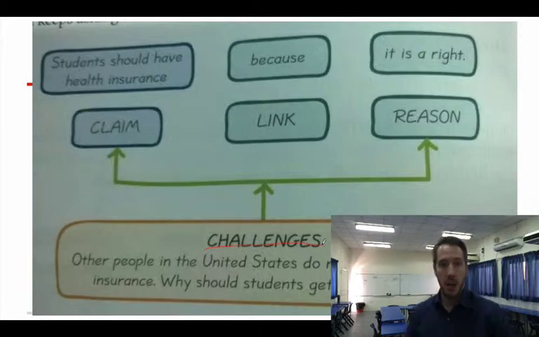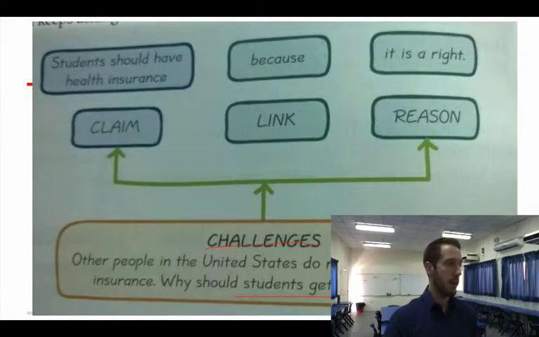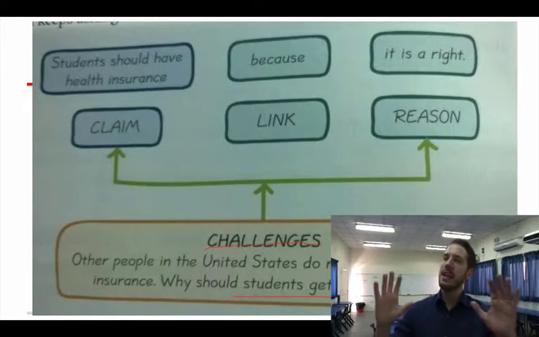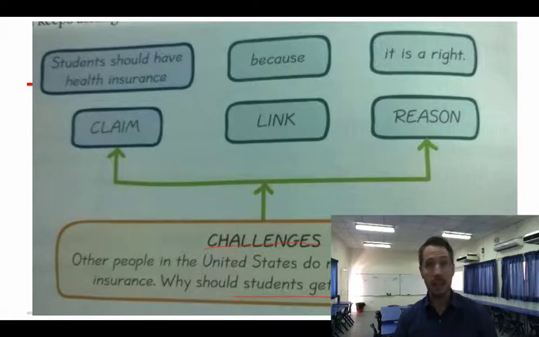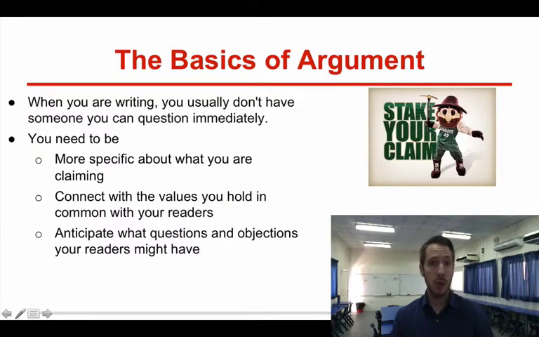For instance, other people in the US do not have free health insurance. Why should students get it? Why not people who are mentally disabled, who are poor? What about people who recently lost a job? Why is it that you're choosing students over any other group? Well, honestly, you're going to have to make a case for that in your essay.